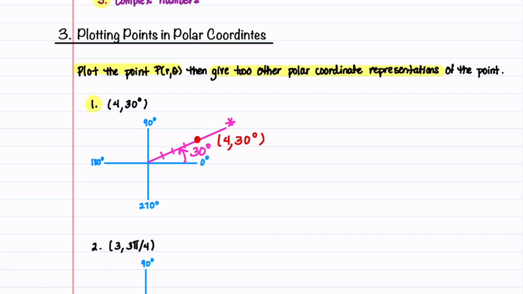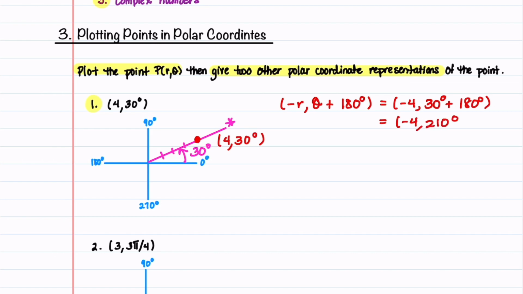Let's now find 2 other representations of this point. Our first representation can be minus r, theta plus 180 degrees. So this becomes minus 4, 30 degrees plus 180 degrees, which gives us minus 4, 210 degrees.